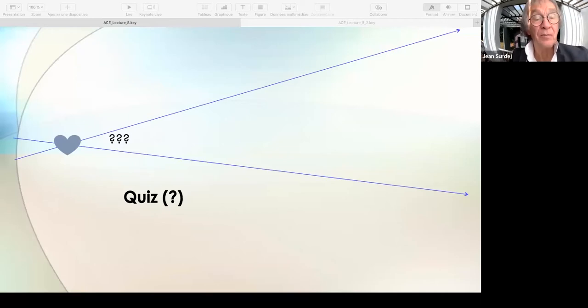So 30 seconds, I'm just checking. Okay, so I think we only got 6 replies, which is not a lot, but okay. So the correct answer is a yellow heart, not inverted.